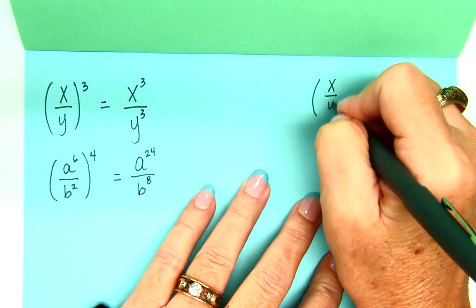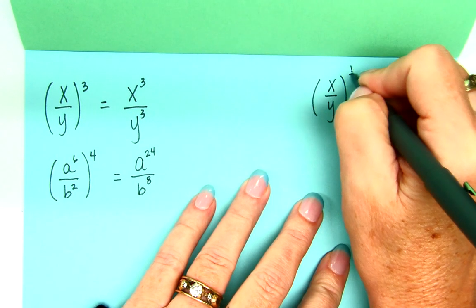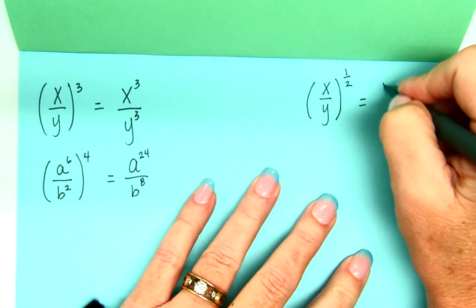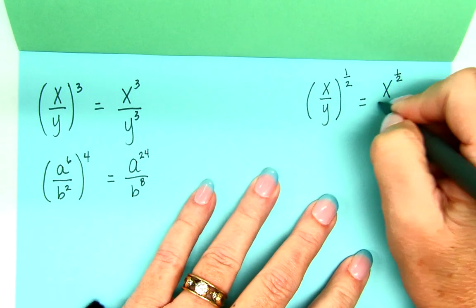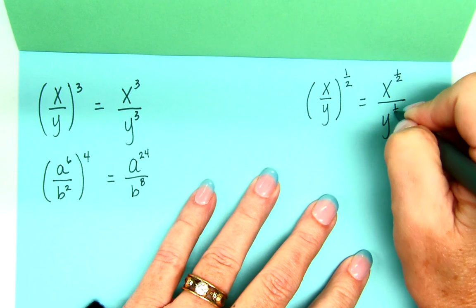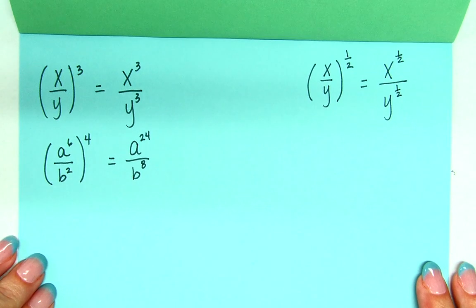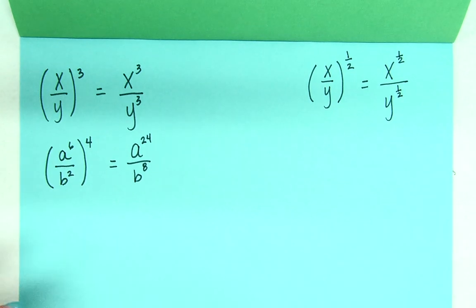X over y to the 1/2 power. X to the 1/2, y to the 1/2. Very good. You good? Any questions so far?